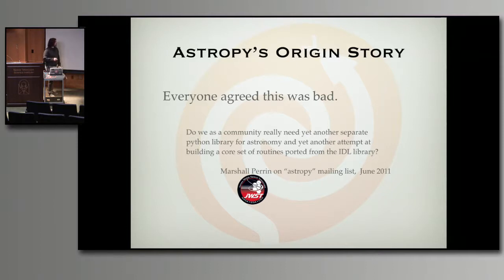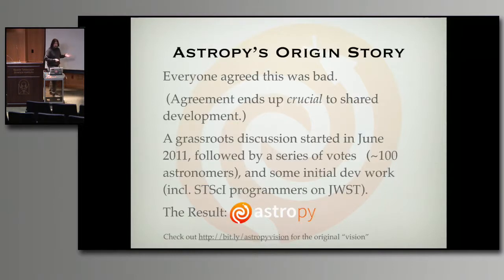Basically said, do we really need someone, it may or may not have been me, tried to introduce a new sort of shared set of libraries, and Marshall quite reasonably asked the question, do we need another one of these packages that all do the same thing? And everyone said, probably not, right? And this had been said before, but for whatever reason, this particular time the question was asked, all of the momentum gathered up and things actually started happening, and that's what led to Astropy, right?